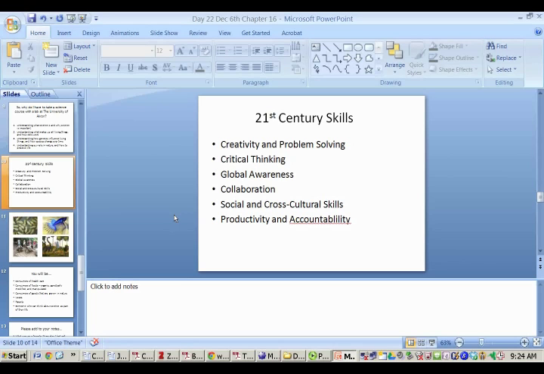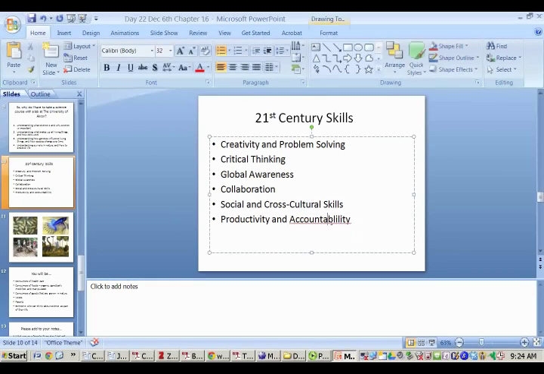We try to give students social and cross-cultural skills, working with diverse people and understanding that there are lots of different viewpoints out there. And then finally, productivity and accountability, which apparently I didn't spell correctly. Being able to produce and being held accountable for your work in this course. You did do lots of work. You're doing work right now, and you're being productive, and I guess I could say I am too.